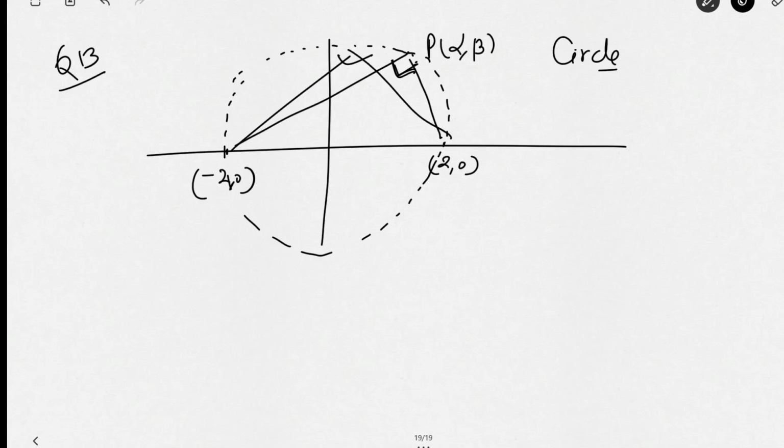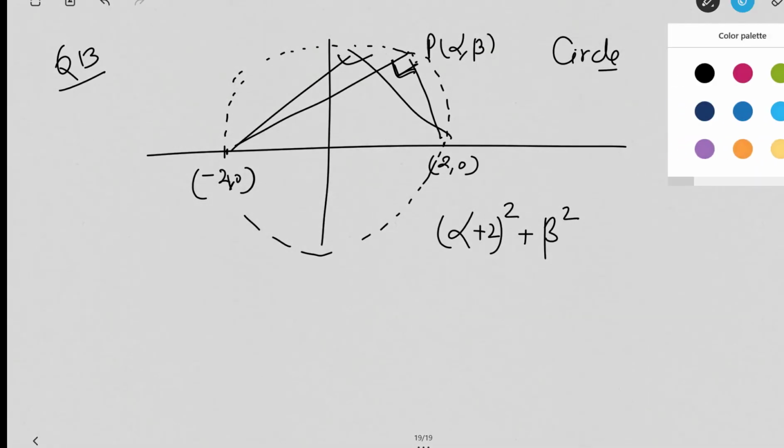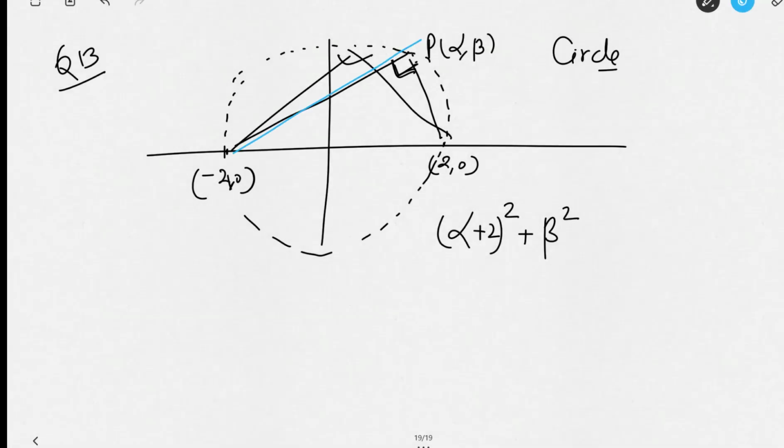So again we have to apply distance formula: alpha plus 2 square plus beta square. The square of this distance plus square of this one is same as square of this one.